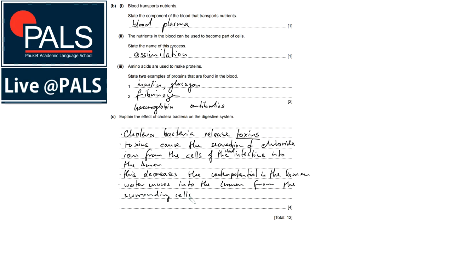So the cells of the small intestine lose water into the lumen of the small intestine by osmosis. We have a high concentration of chloride ions inside the small intestine, which means there's a low water potential. So water moves from high water potential in the cells of the small intestine towards the lower water potential into the lumen of the small intestine.